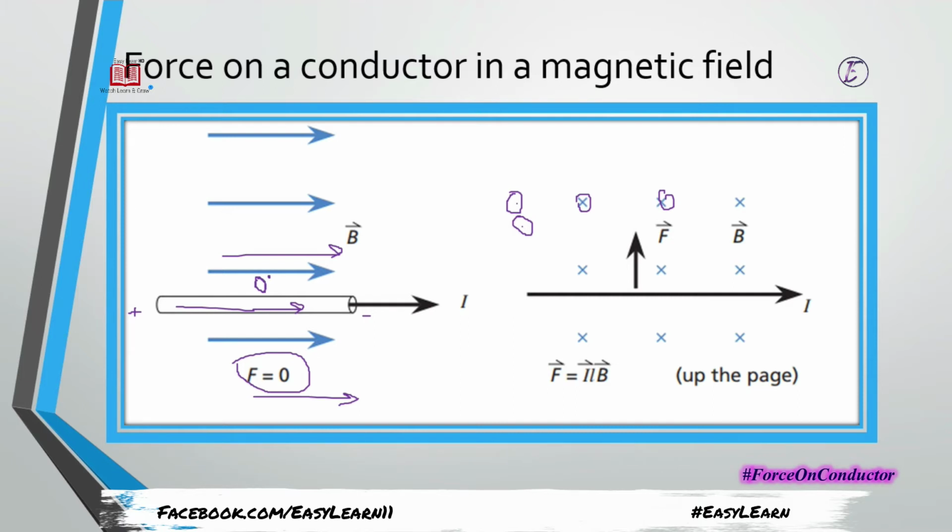Just try to do this while you are listening. Point the thumb of your right hand into the screen and turn your fingers towards the direction of the current. Then what do you think, will you experience a force, and what is the direction of the force here?